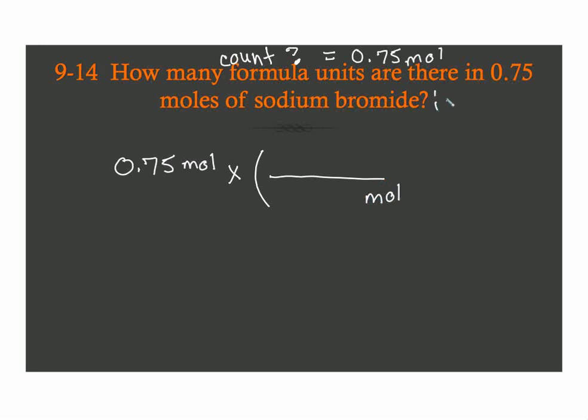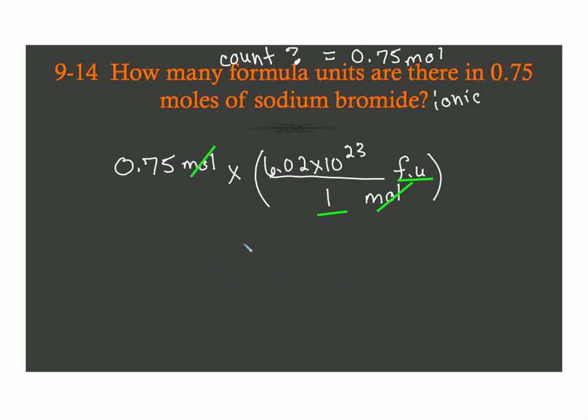I put them in the denominator. Since this is ionic, technically this is considered a formula unit. So 1 mole for 6.02 times 10 to the 23rd. Now, be very careful to double check that your units cancel and that the 1 is in front of the mole and that Avogadro's number is in front of the formula unit or the molecule or the atom.